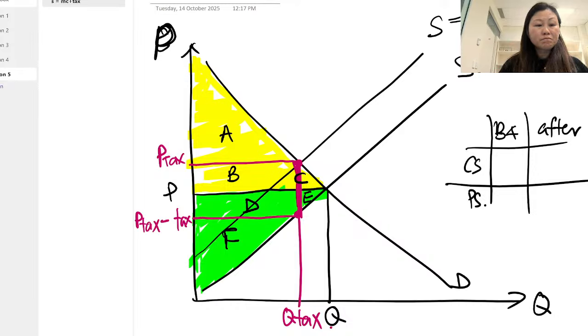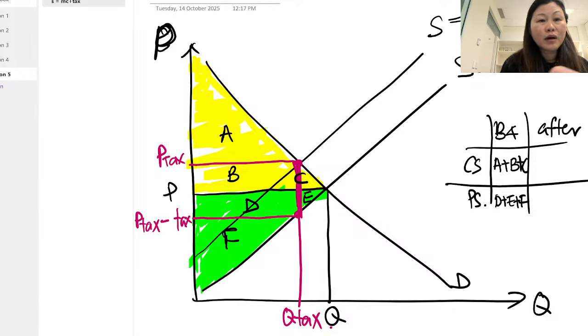Now, before the tax, consumer surplus was A plus B plus C. Producer surplus was D plus E plus F. Okay, so that's consumer surplus and producer surplus.